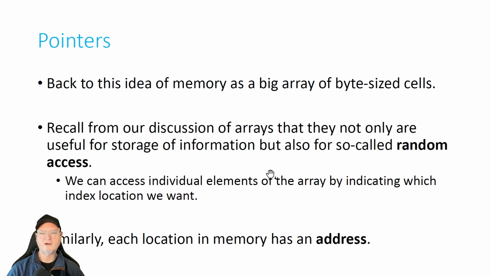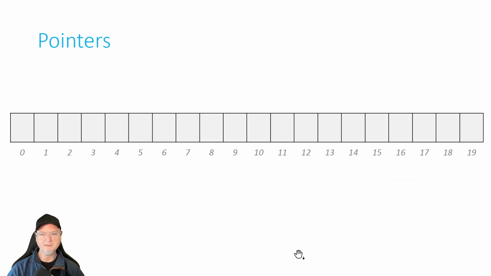And when we've been talking about arrays, we've talked about them being useful not only for the storage of information, but for random access to data stored in arrays, such that if you have a big array, we can access individual elements of the array by exploiting the address, the index of where the data we specifically want is. And that brings us to this idea of addresses that we've talked about quite a lot up to now.